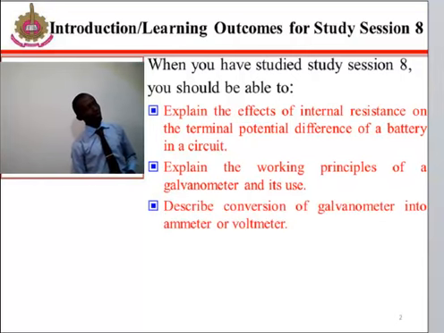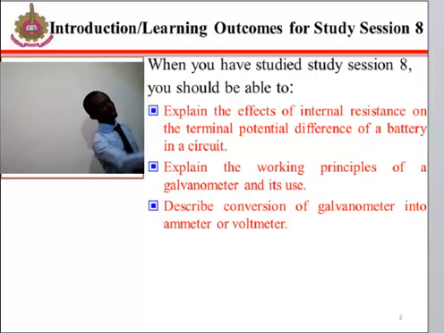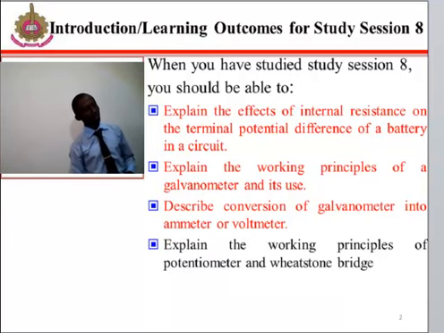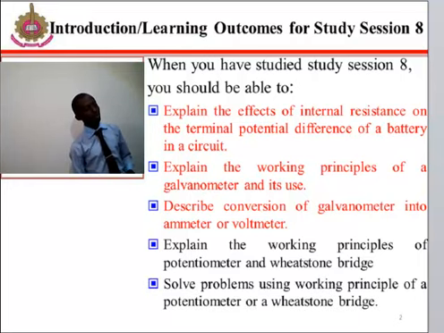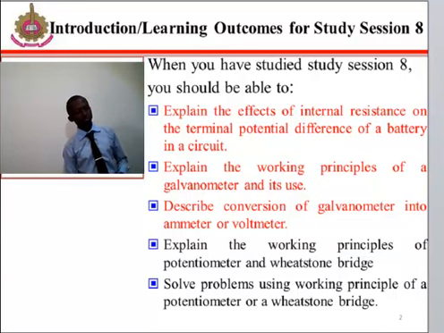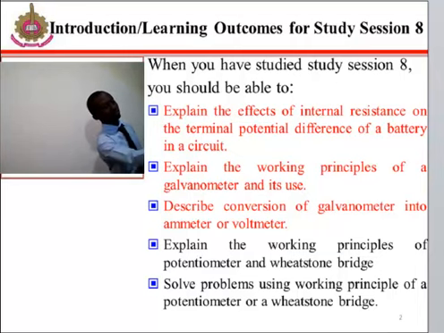You should be able to describe conversion of galvanometer into ammeter or voltmeter, and explain the working principle of potentiometer and Wheatstone bridge. And in the end, you should be able to solve problems using working principle of a potentiometer or a Wheatstone bridge. In this part, we are going to concentrate on the first three learning outcomes.